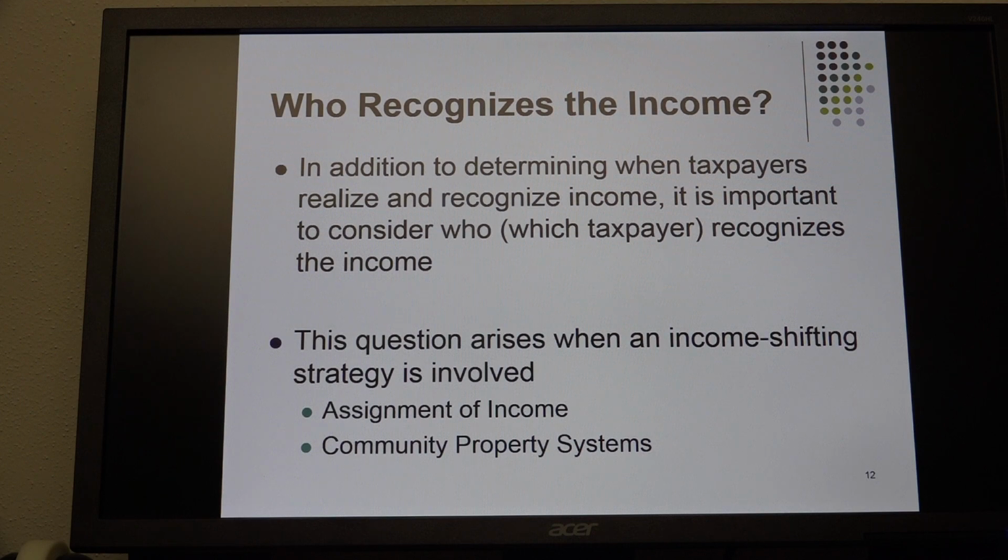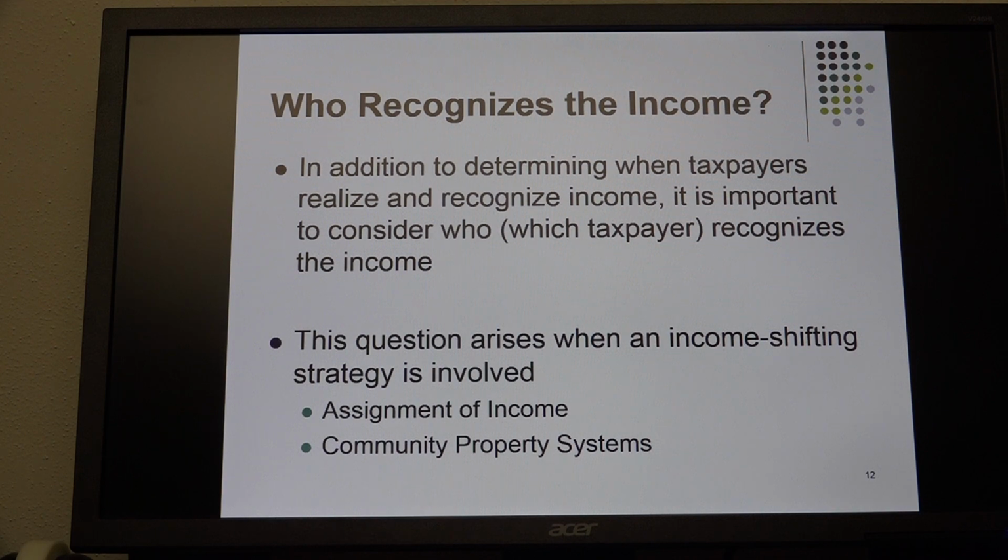Okay, so put another way, if your ownership of the property is what creates the income, then the income is attributable to you.